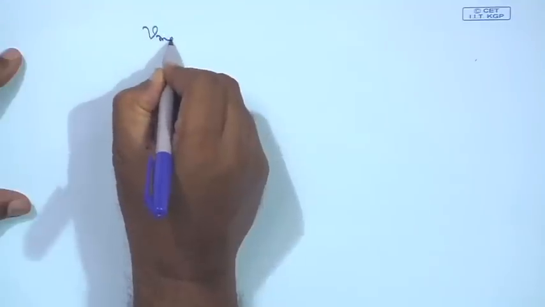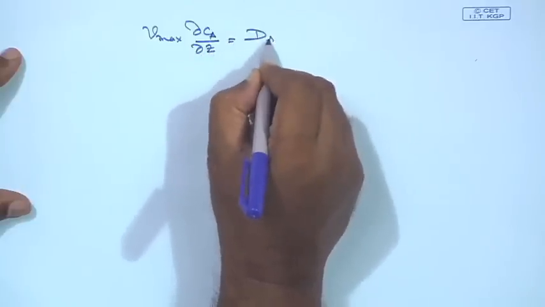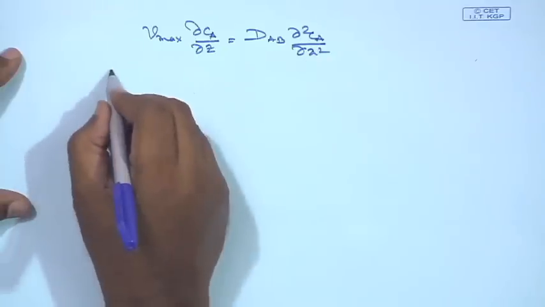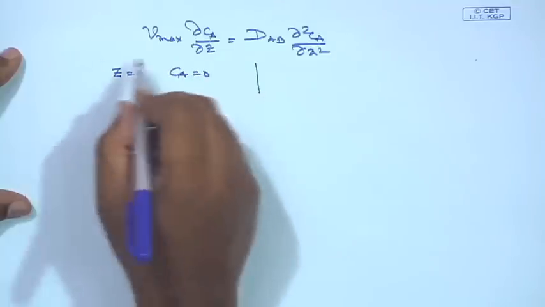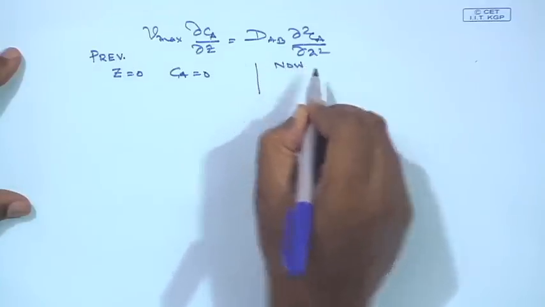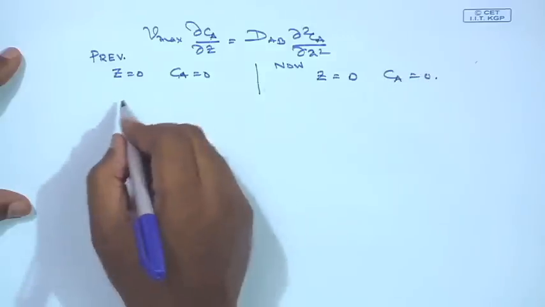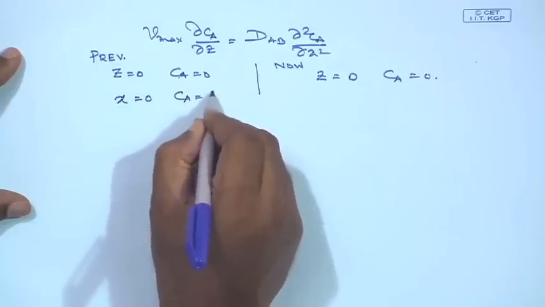So, I would start with my modified equation again. This modified equation now is Vmax del Ca del Z is equal to dAB del square Ca by del x square. At z equals 0, Ca is 0. This was what we have used in the previous case, and now I can use the same, that at z equals 0, Ca is 0, and at x equals 0, Ca is Ca 0.